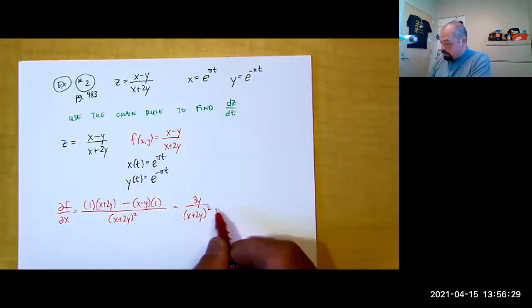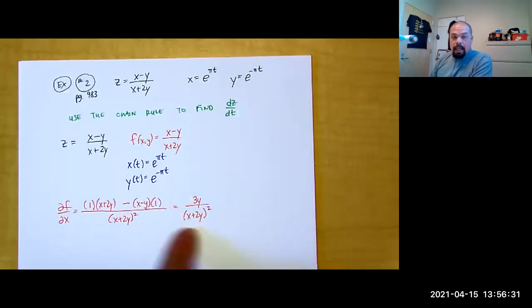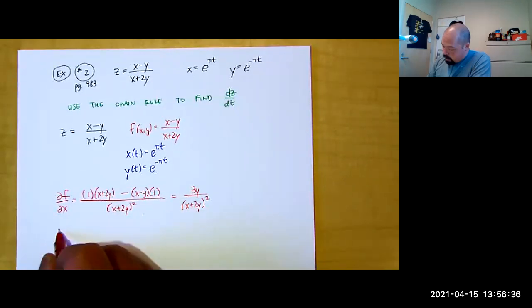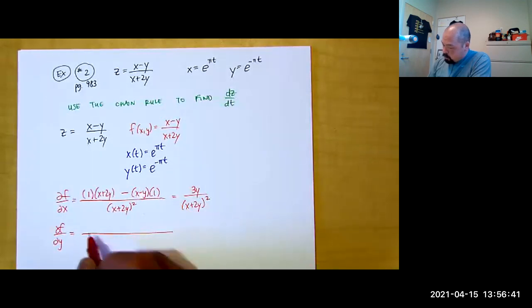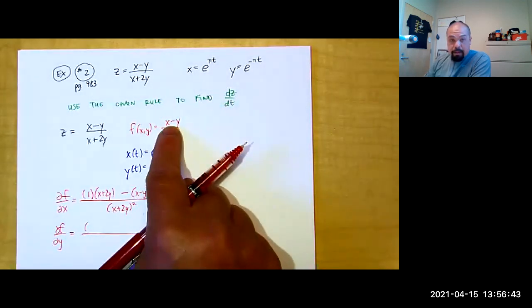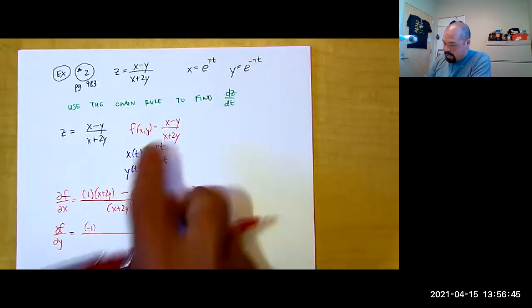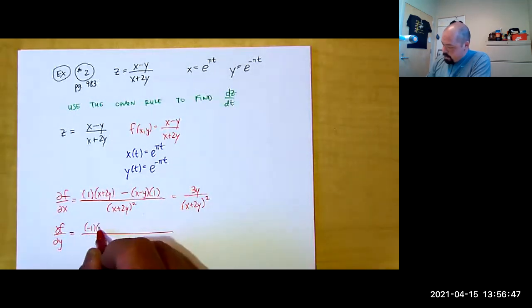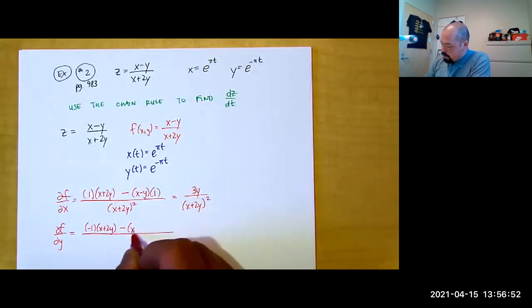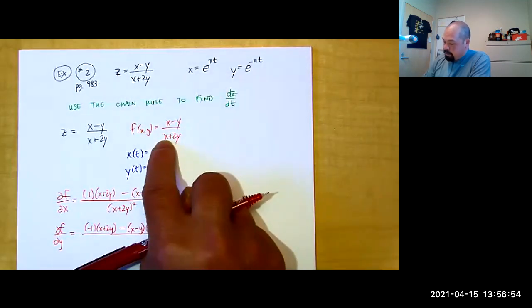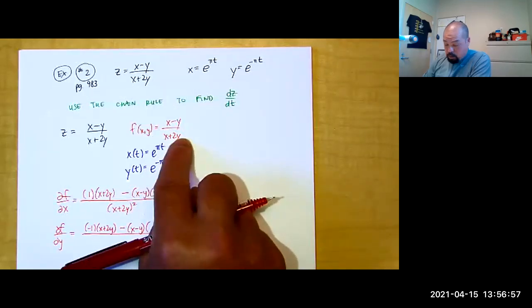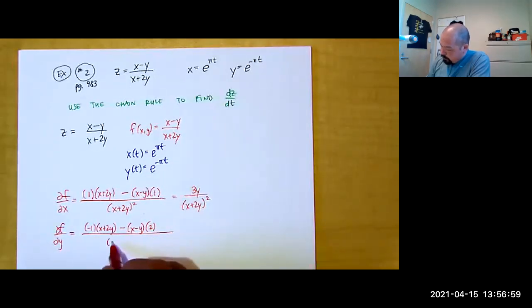So this is that df dx, my partial of f with respect to x. Now my partial of f with respect to y. Derivative of the numerator with respect to y is negative 1. That x is just a constant, it goes away. Denominator x plus 2y, minus numerator x minus y times the derivative of the denominator: x is a constant, 0, derivative of 2y, 2. Over that same denominator, x plus 2y squared.